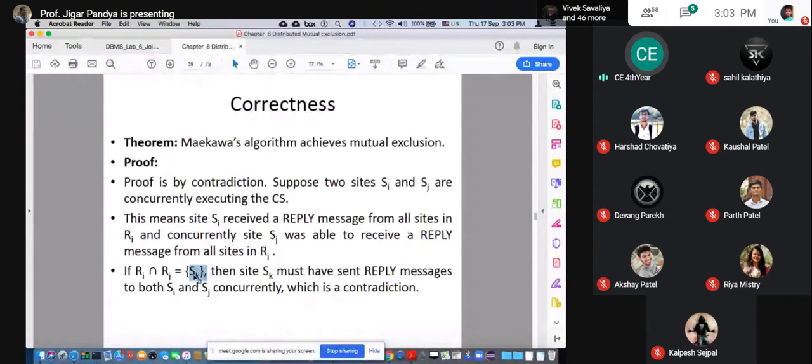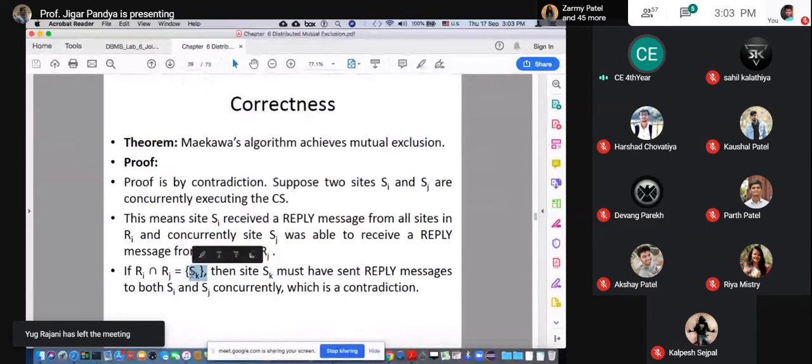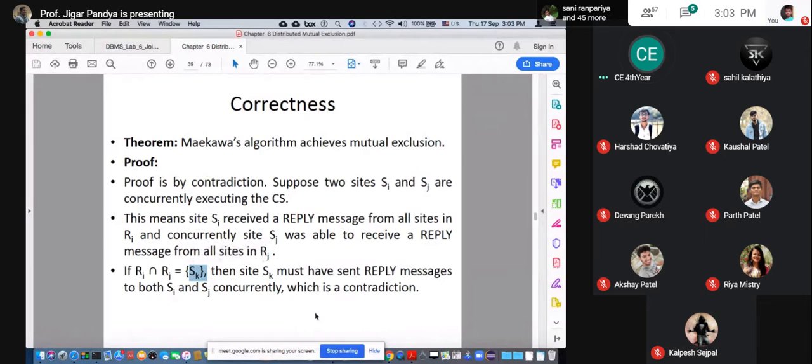That means SK has given acknowledgement to Si as well as Sj both, right? And we know that there is a condition that any site can give acknowledgement to only one at a time, and this is what is getting contradicted, right?